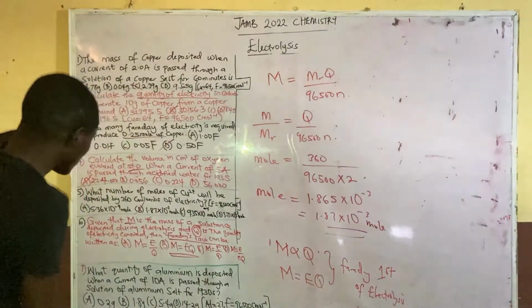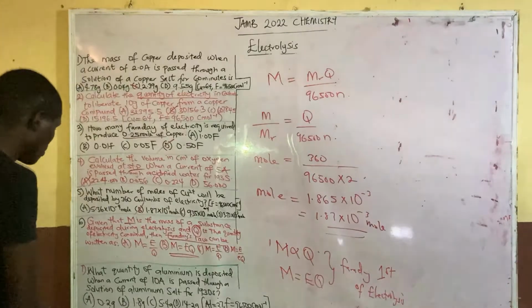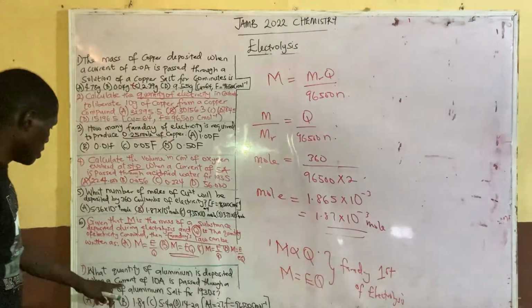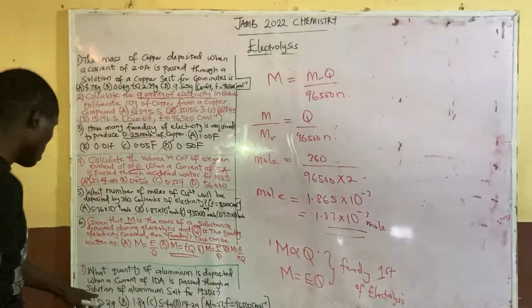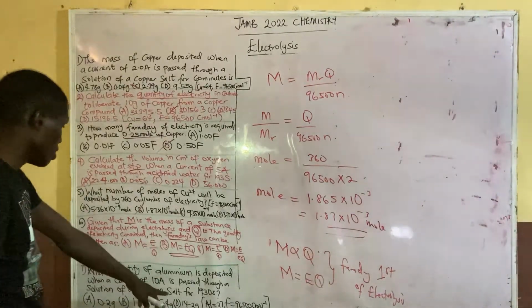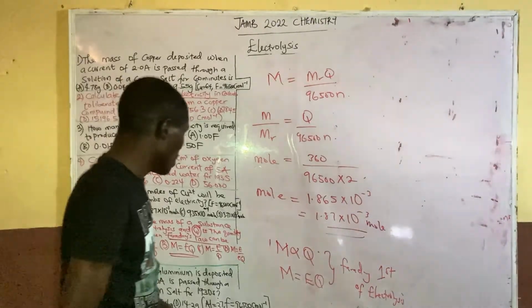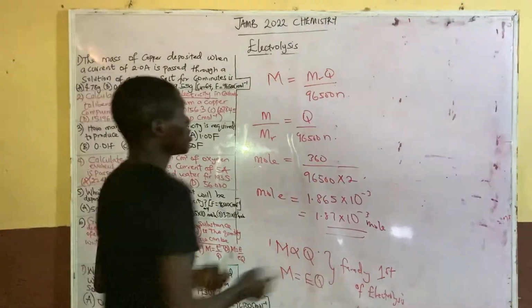Lastly, what quantity of aluminium is deposited when a current of 10 ampere is passed through a solution of aluminium salt for 1,930 seconds?